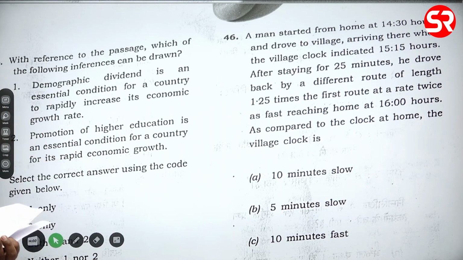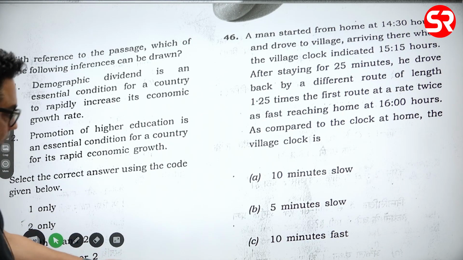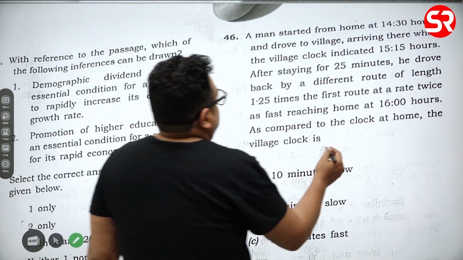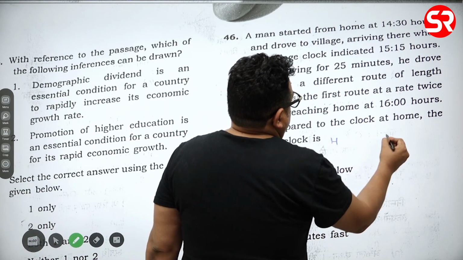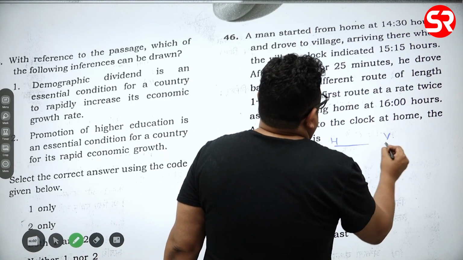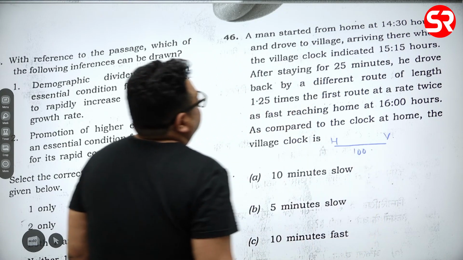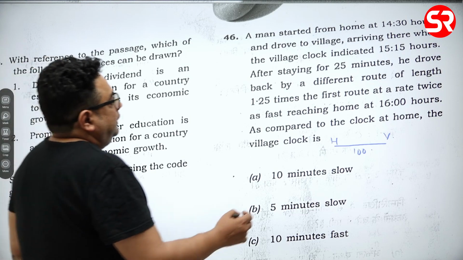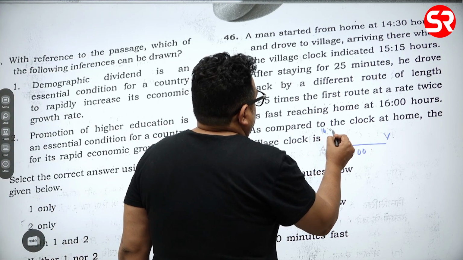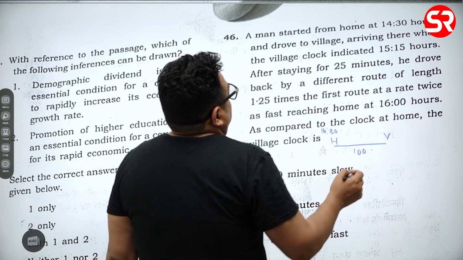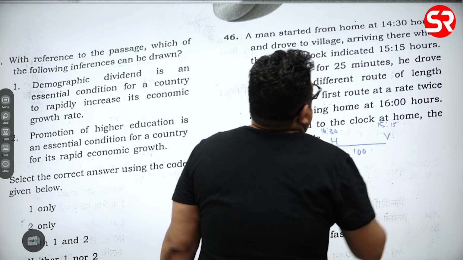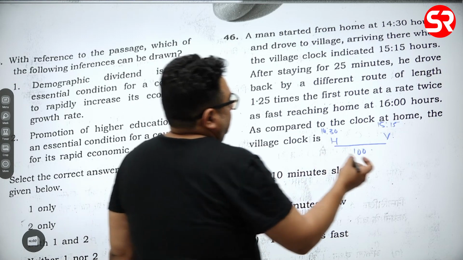This is what I have done. From his home to his village, let the distance be 100. And he started at 14:30. The village clock shows 15:15, and he stays for 25 minutes.